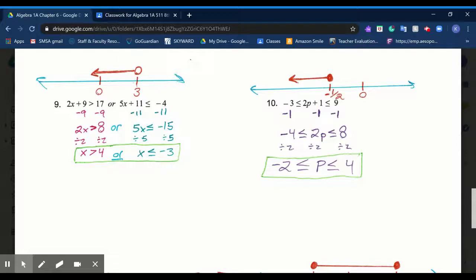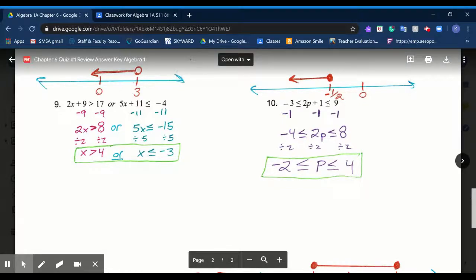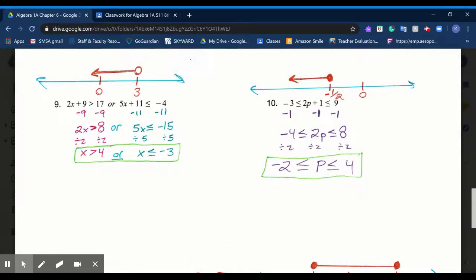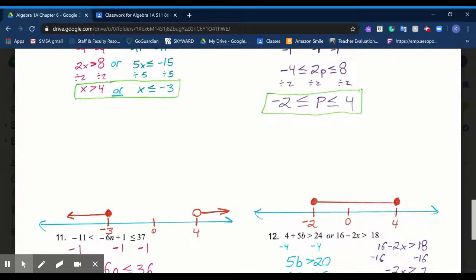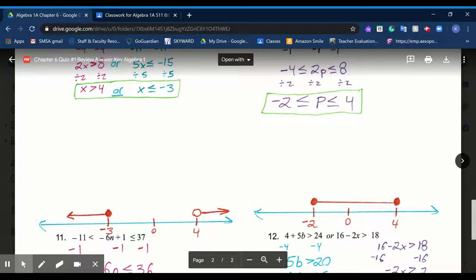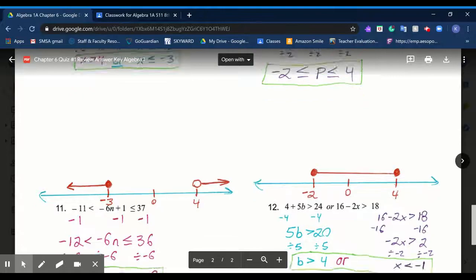Divide every part by 2, and it becomes -2 is less than or equal to p, which is less than or equal to 4. Or we could also read that as p is greater than or equal to -2 and less than or equal to 4. So both circles are filled in, one at -2, one at 4, and the line segment connecting them.